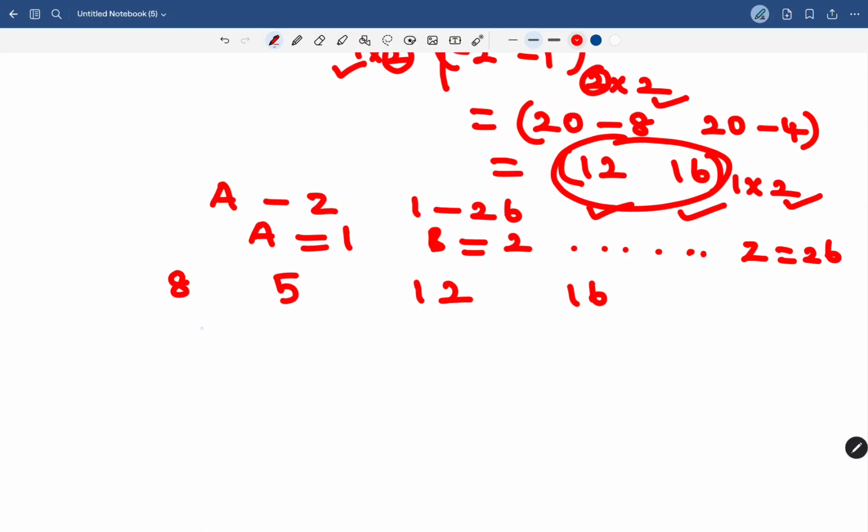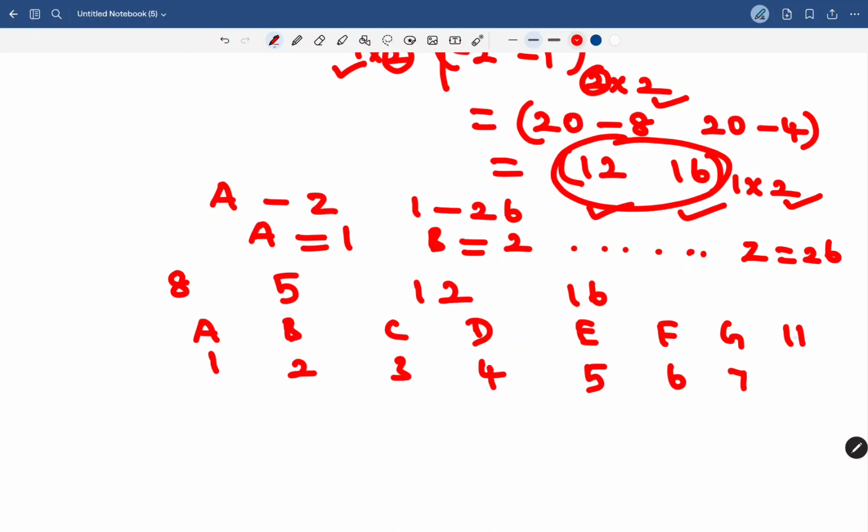If A is 1, B is 2, C is 3, D is 4, E is 5, F is 6, G is 7, H is 8.